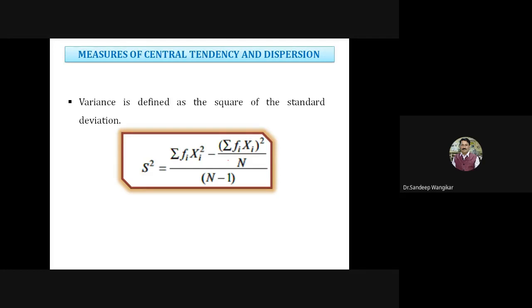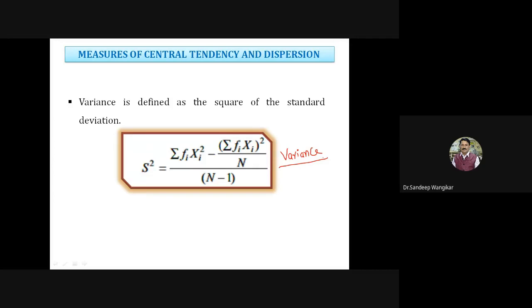This formula we will use for the calculation of variance. After calculating the variance, we will just take the square root of it, because the formula is S squared, where S is the standard deviation.